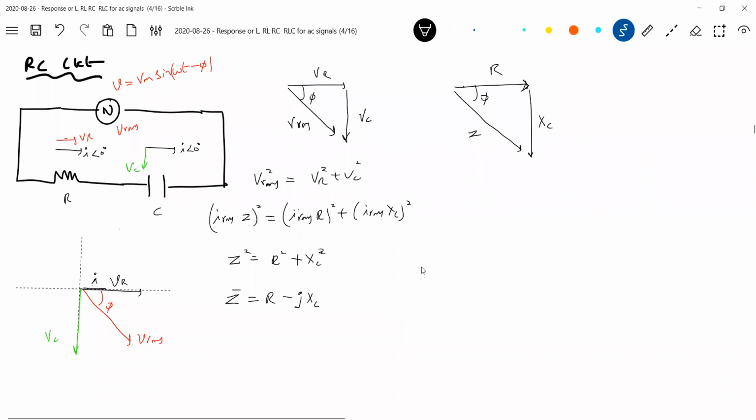Why minus J times XC? Because there's a convention. Any quantity along the positive y-axis has a phase angle of 90 degrees, and that 90 degree phase angle we show by J. A quantity having minus 90 degree phase angle, we simply write minus J. In complex numbers you had plus i, minus i.